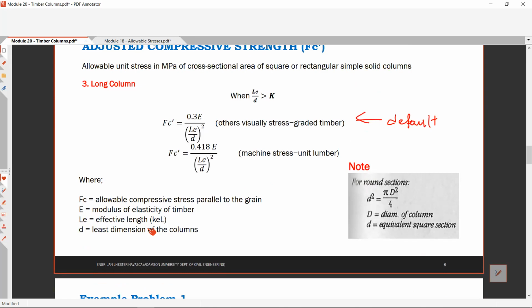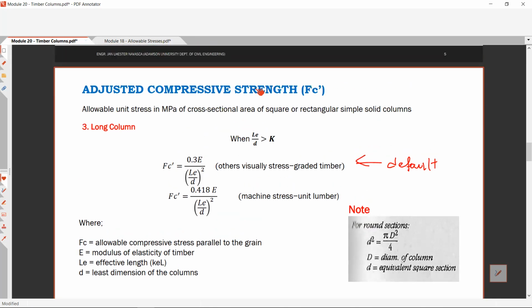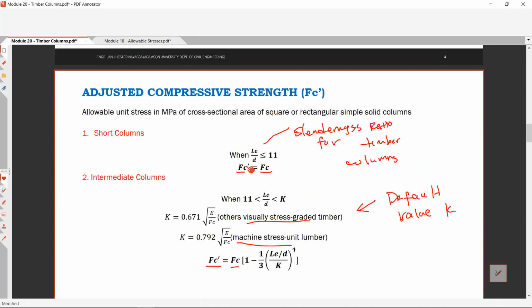For example, if you have a 200 by 400 timber column, you will choose 200 as your least dimension. So this formula is only for square or rectangular simple solid columns.